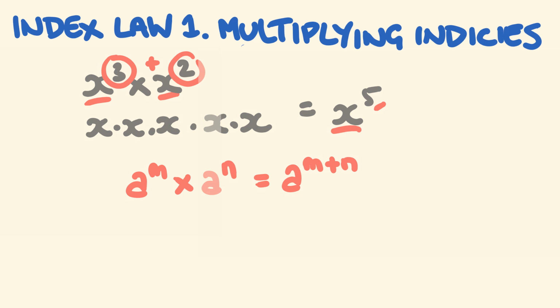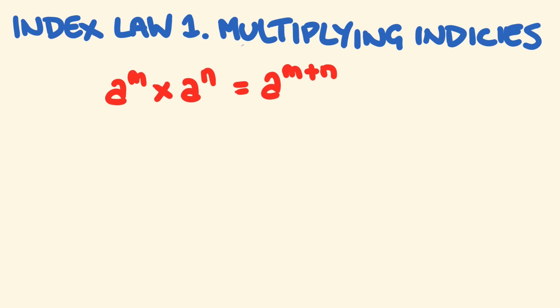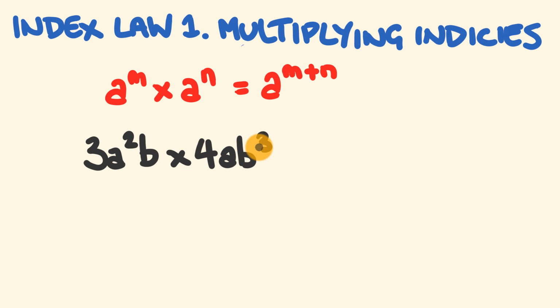I'll make this one a little bit harder. So say we had 3a to the power of 2 times b, and this is being multiplied by 4ab to the power of 3. And we'll see what this equals. Now, once again, we could use this index law pretty simply to work this out.